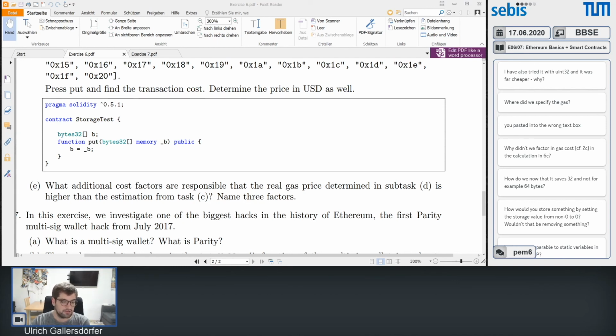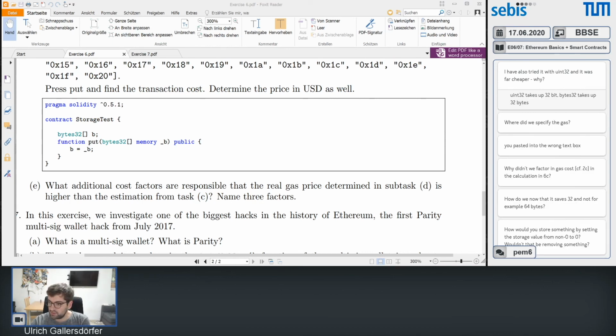So we have some kind of the function call, so to say. That's definitely the case. And also the data input: if you put data into your transaction, you also have additional costs. So those are the 3 additional transaction fees. But also the SSTORE is mostly responsible for this part here.